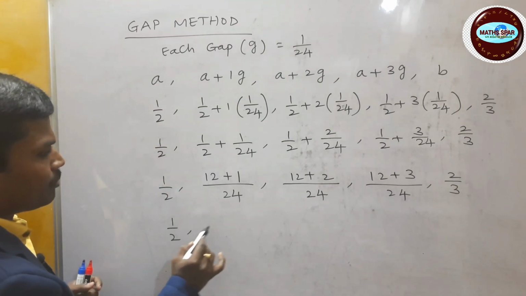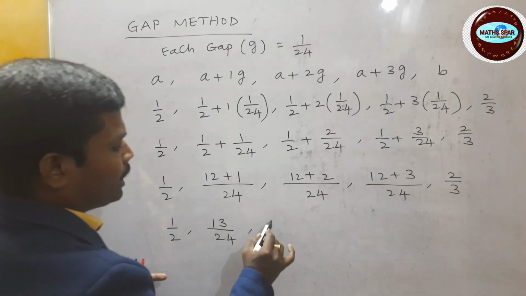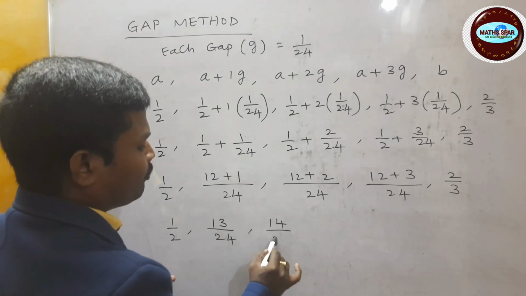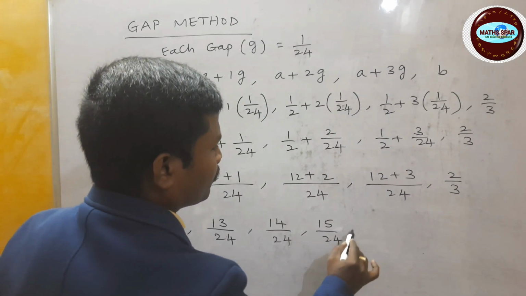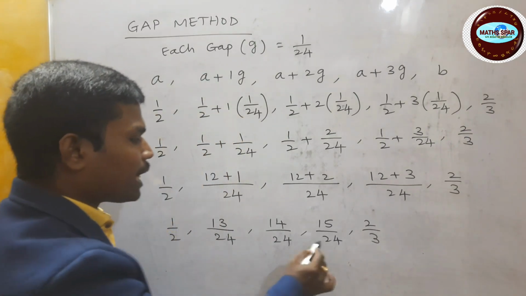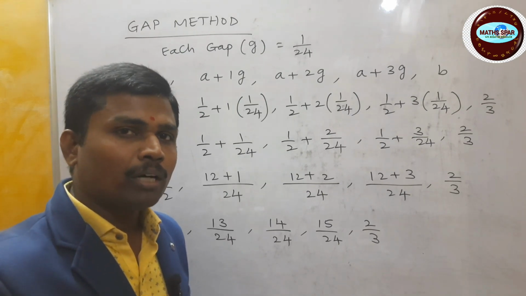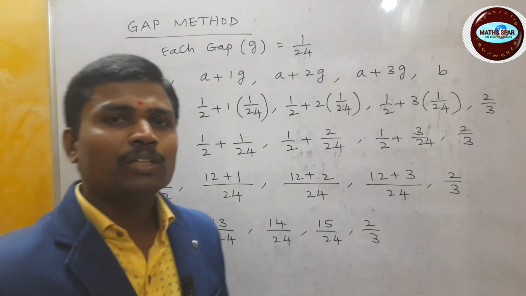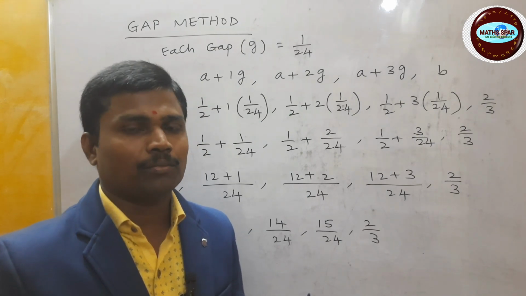Now half, then 13 by 24, then 14 by 24, then 15 by 24 and 2 by 3. Now these three will not be called rational numbers until you simplify and write the answer.